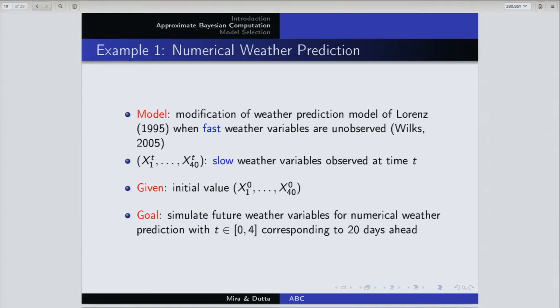And we will have 120 fast weather variables which are not observable and will be imputed. We'll start with some initial values of the observed weather variables. And then we will try to find the parameters of the model that will allow us to do weather forecast for 20 days ahead. So the prediction corresponds to a value of t that ranges between 0 and 4.